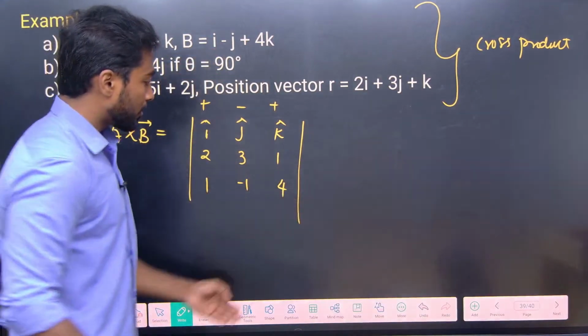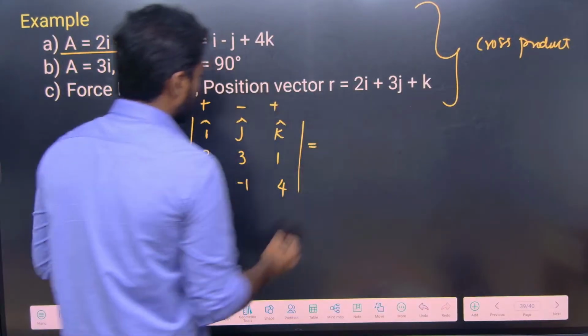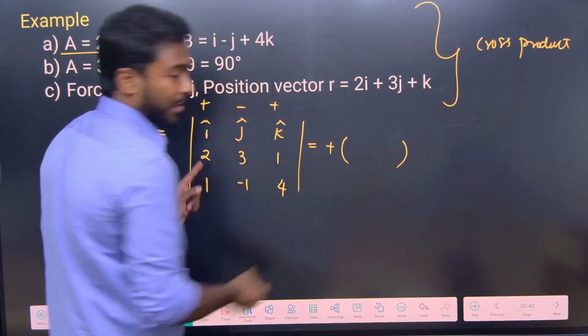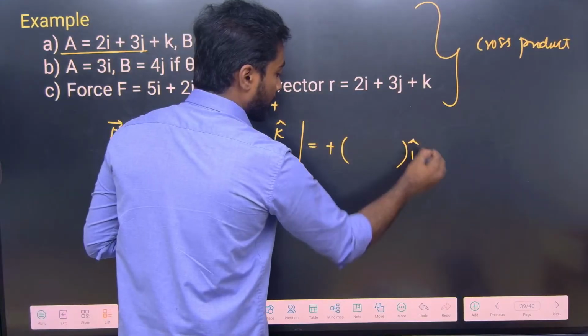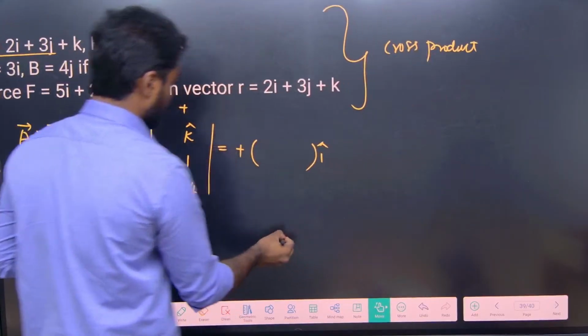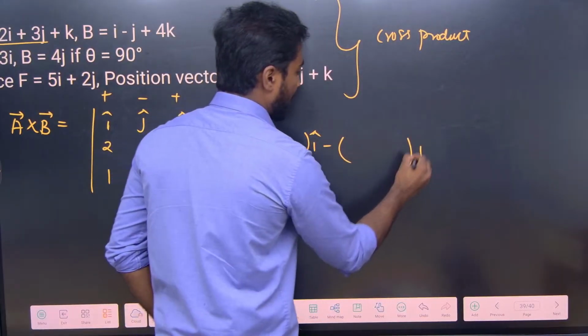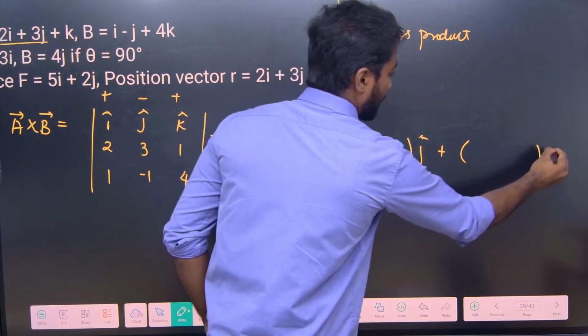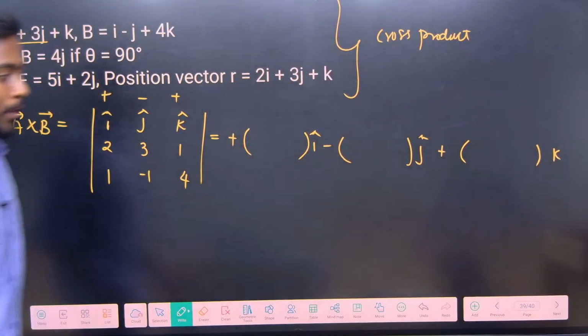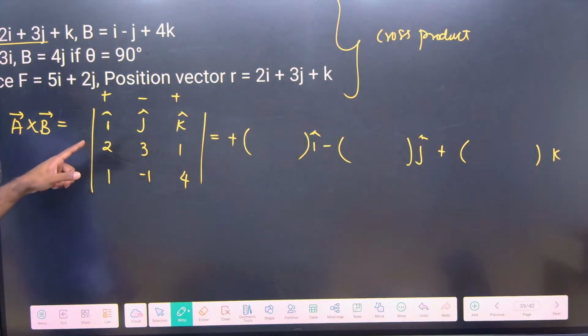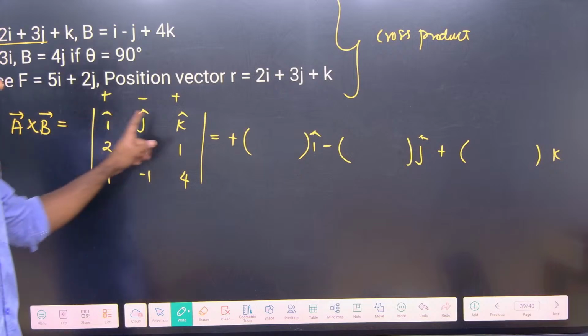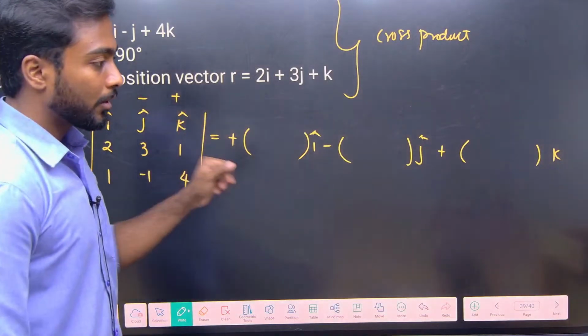Now I need to write plus i cap, minus j cap, plus k cap. So whoever is watching now, you can do it side by side and get the answer, and you can give the answer in the comment section.